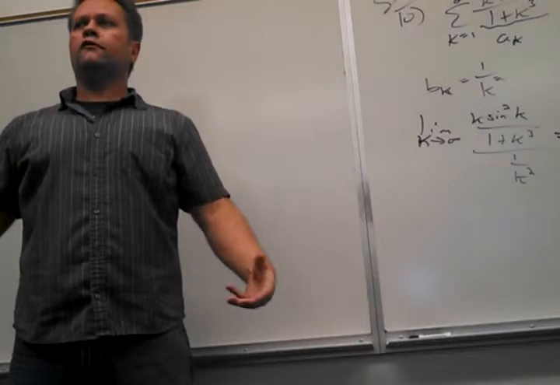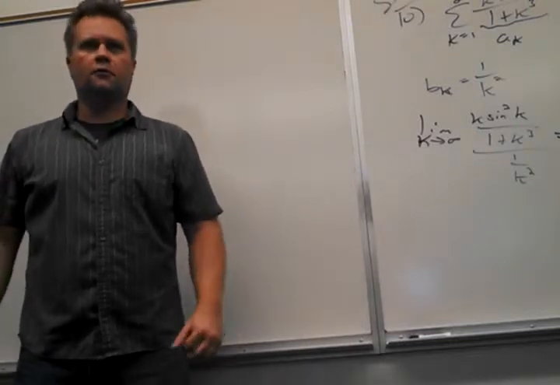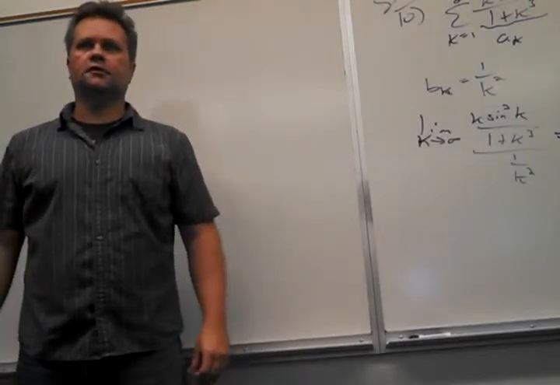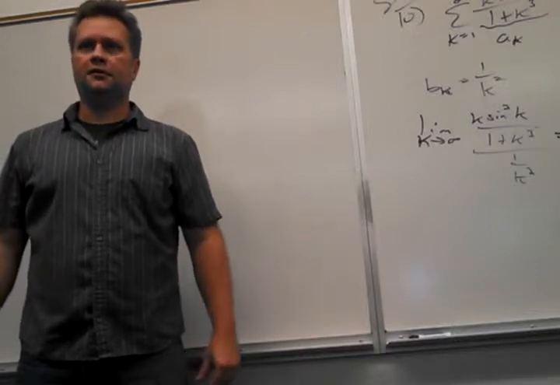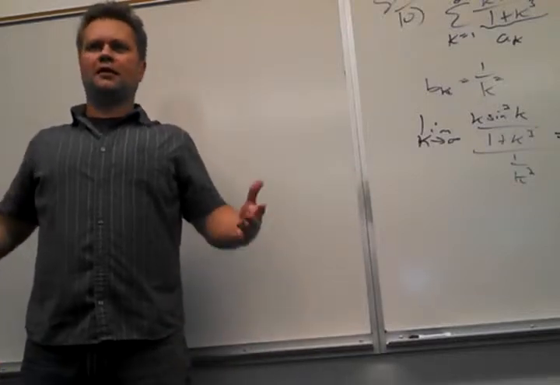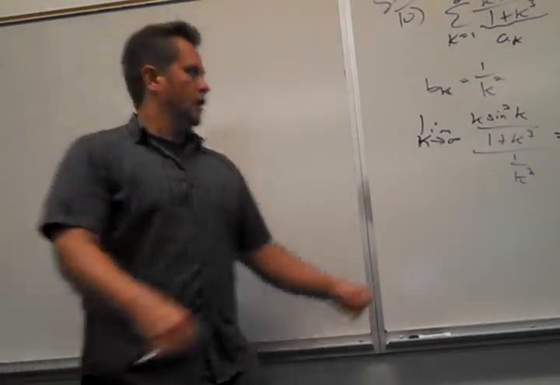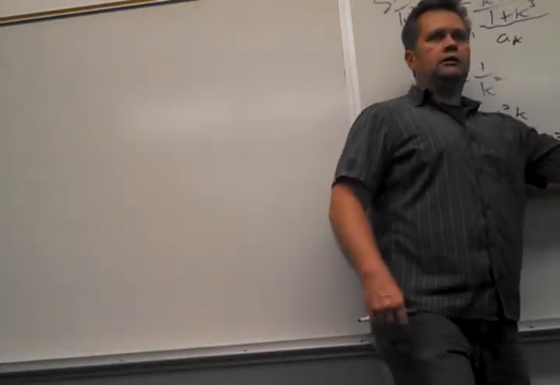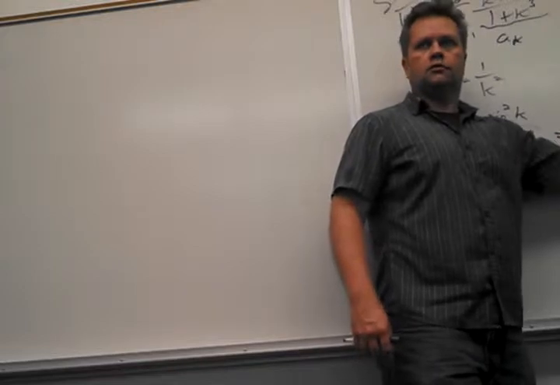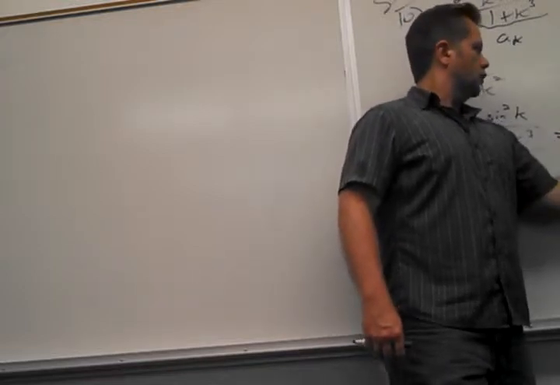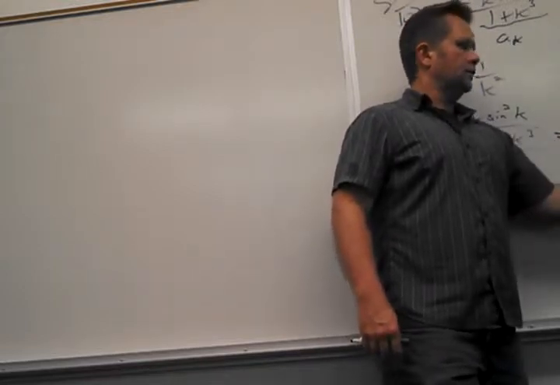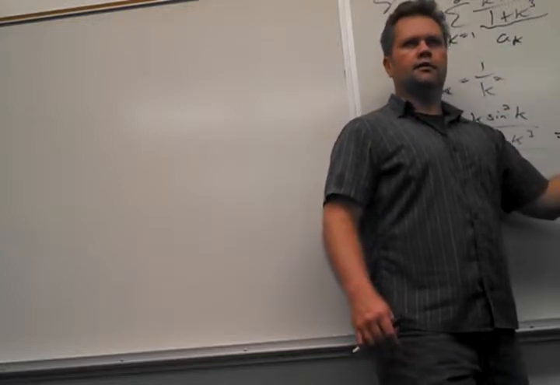Now as k goes to infinity, what does sine squared do? It becomes irrelevant, because it's got that k to the third outside of it. Sine squared is contained between 0 and 1, 1 at most, right? So the limit, this guy's limit, it's going to be one.